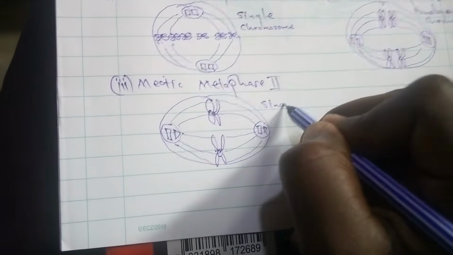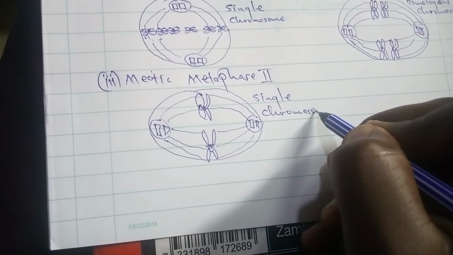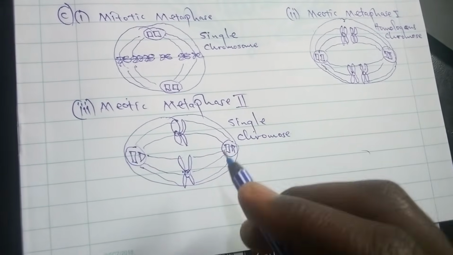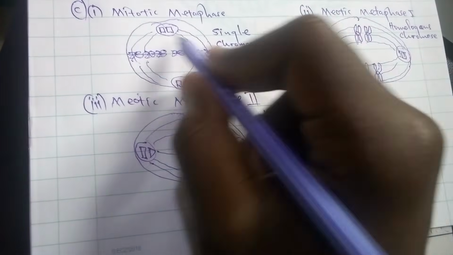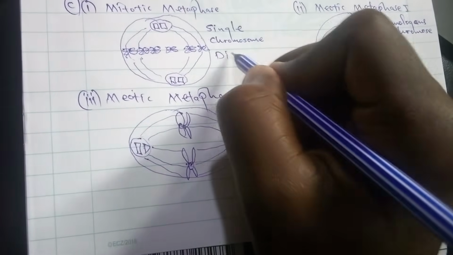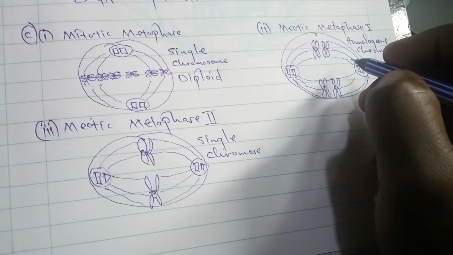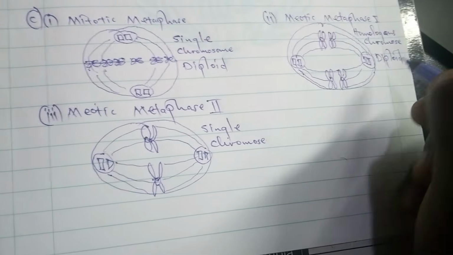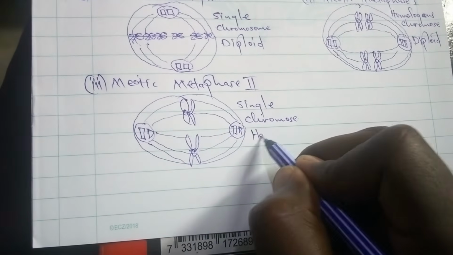That is about the alignment. What about the ploidy? There the number is diploid, and then on the other part it is also diploid. The last one is haploid.